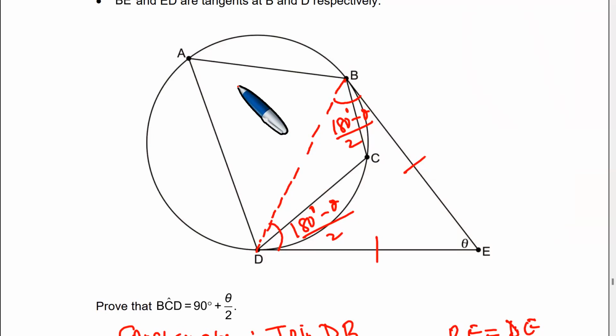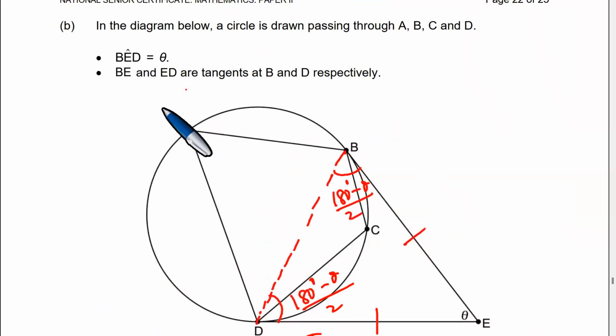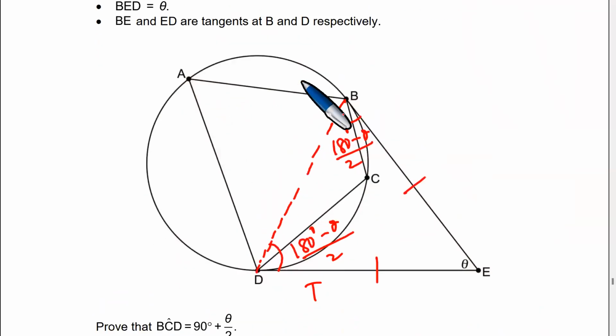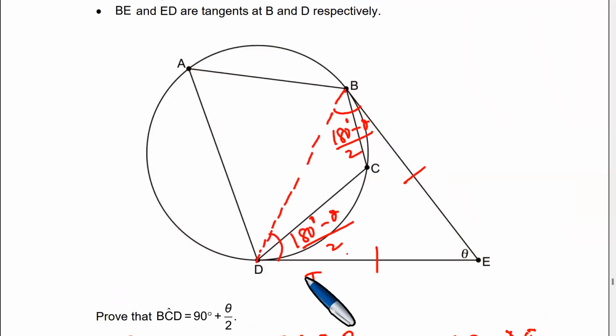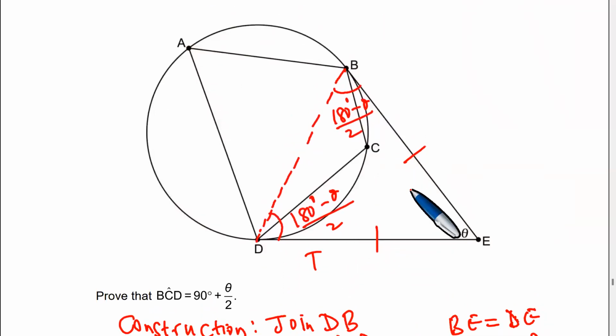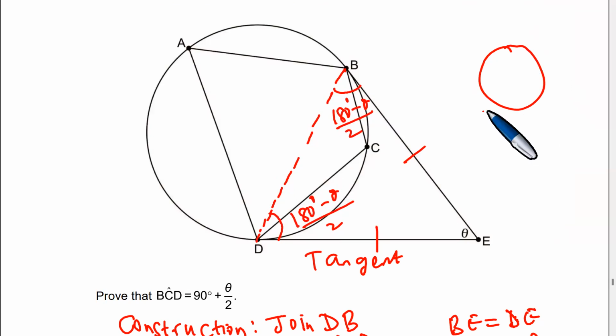What is the size of the angle A? Because this one is a tangent, remember? This is a tangent and that is a tangent. So the fact that this one is a tangent means we can use the tan-chord theorem. The tan-chord theorem says that if there's a tangent like this and you have a figure like this, then this is equal to this.